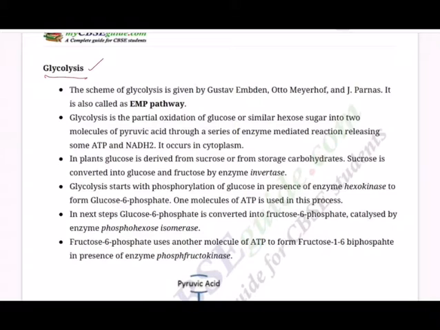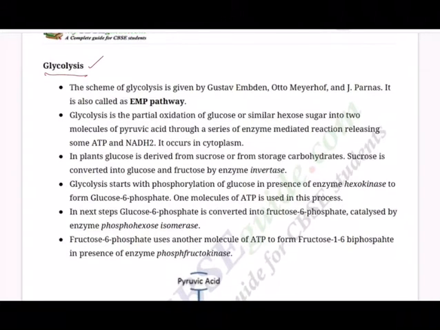1,3-biphosphoglyceric acid becomes 3-phosphoglyceric acid. Again, it's an important step because ADP plus inorganic phosphate becomes ATP. This is the first ATP molecule that is produced here. 3-phosphoglyceric acid becomes 2-phosphoglycerate or glyceric acid, and 2-phosphoglycerate becomes phosphoenol pyruvate, PEP, and phosphoenol pyruvate becomes pyruvic acid, the end product of glycolysis.